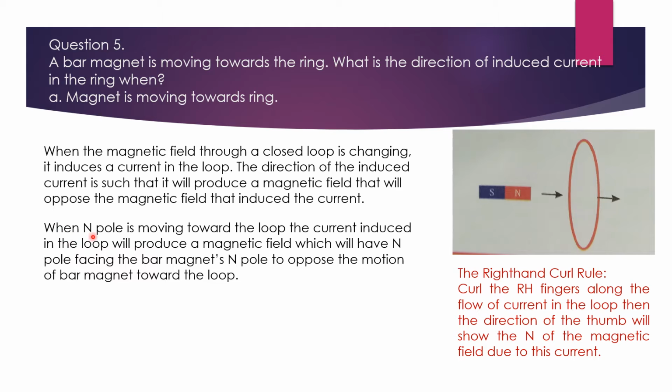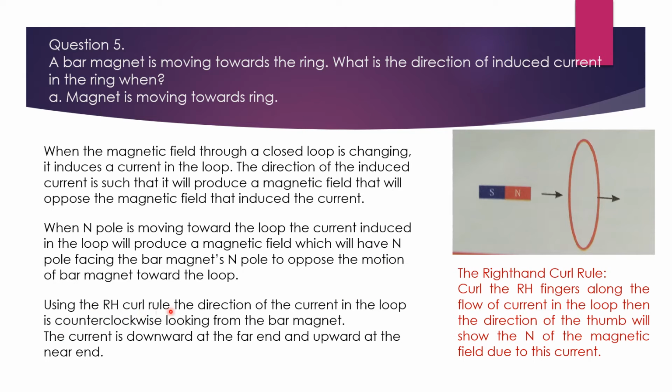So when the north pole is moving toward the loop, the current induced in the loop will produce a magnetic field which will have a north pole facing the bar magnet's north pole to oppose the motion of the bar magnet toward the loop. When the induced north pole is in this direction, it will push this bar magnet away. That means it will oppose the forward motion.